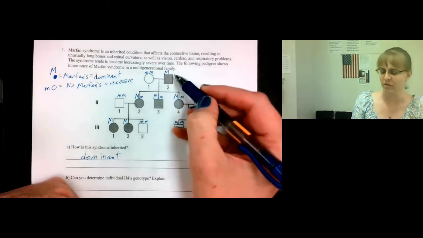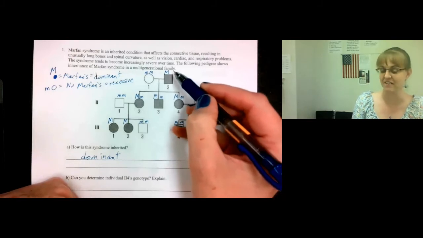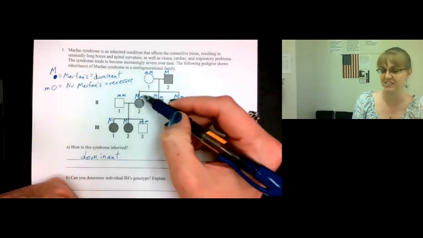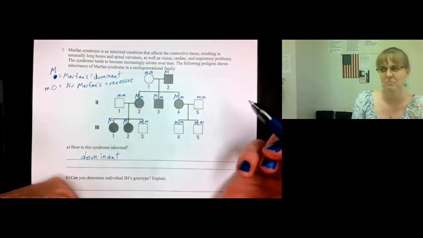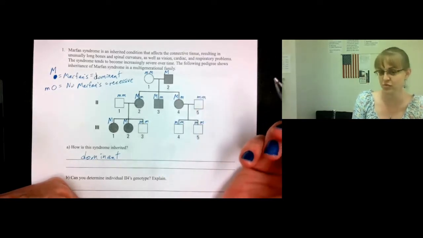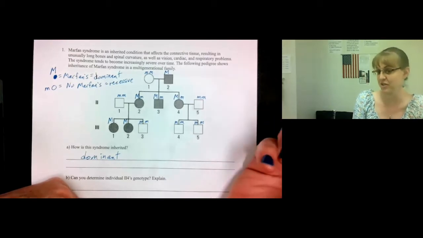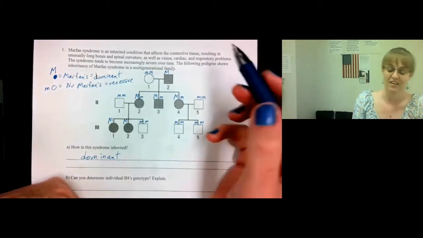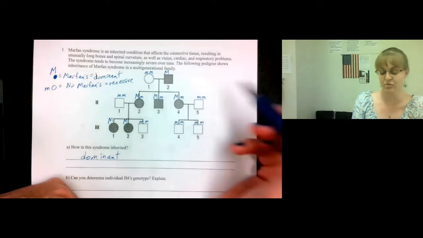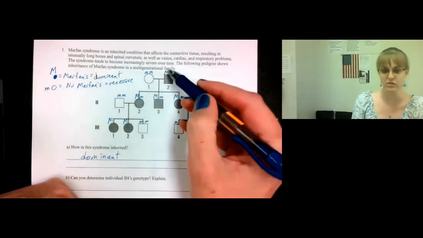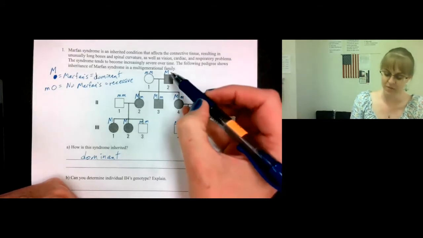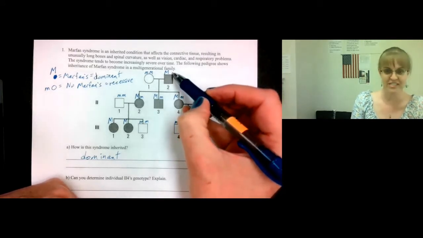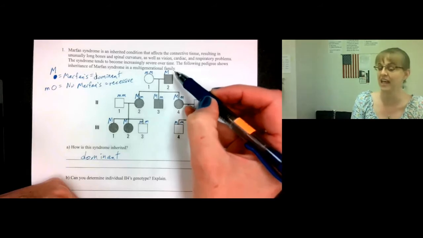No. Now, he has a high probability of having 2 capital letters since he passed a capital dominant trait to every single one of his kids. But we don't know for sure. Just like families can have 3 boys or 3 girls, well, they could also have 3 kids with Marfans, whether the dad has 1 gene or 2 genes for Marfans. Therefore, we don't know his second gene, even though it's likely to be a capital M.